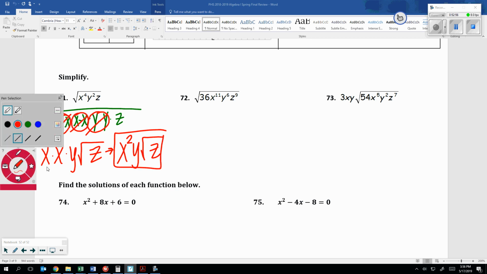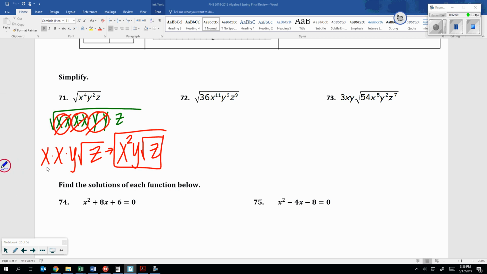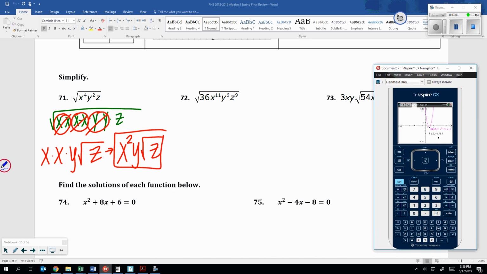Okay, for 72, I have to factor 36. If I don't know what the factors of 36 are, I can go to my calculator. I can go menu 2 number 3 factor, and just type in the number itself, so just 36. And it says it's 2 squared times 3 squared. So that means I'm writing 2 twice, and I'm writing 3 twice.